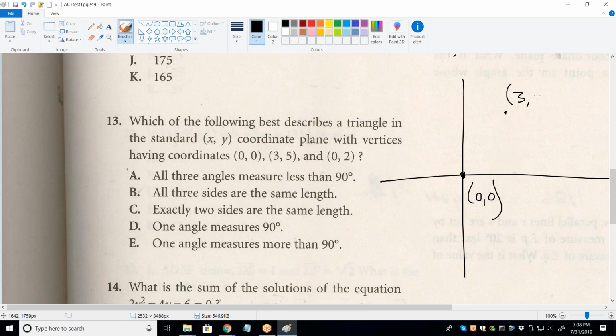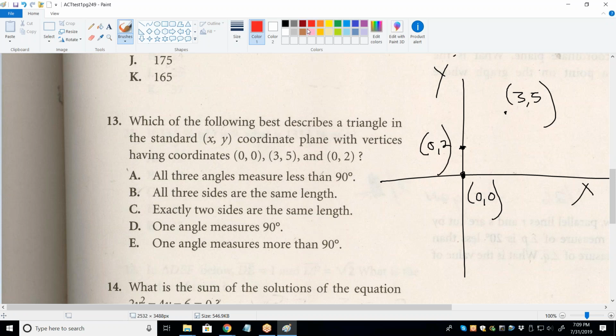In other words, the x is less than the y. This is the y-axis, this is the x-axis. And the third point is 0, 2, which goes right about there. Now it says those are the vertices of a triangle, which means I got to draw the triangle.